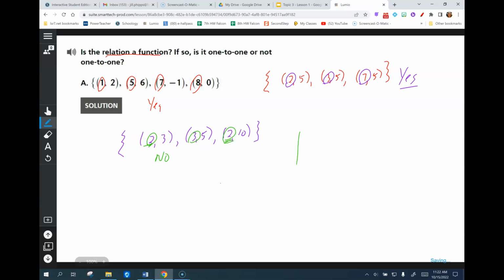Another way you can do this is if I have a graph. So I could plot these points. This one would be obvious, okay? You're just going to plot points. But if I look at this one right here, if I go 2 and 3, and I go 3 and 5, and I go 2 and 10, we have what's called the vertical line test.